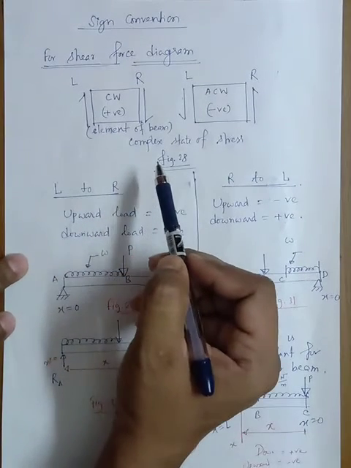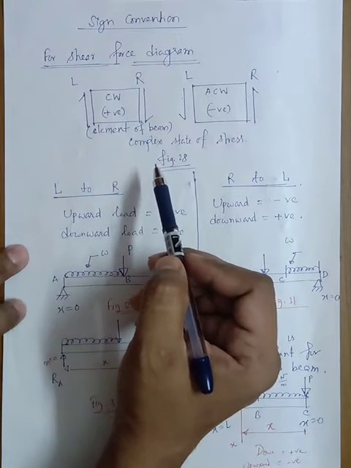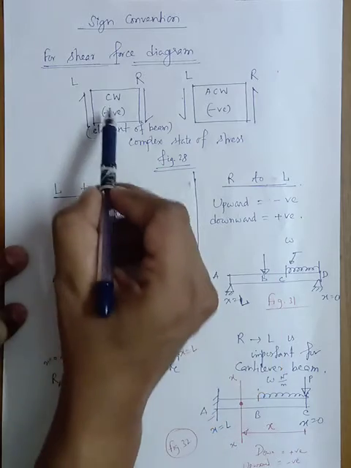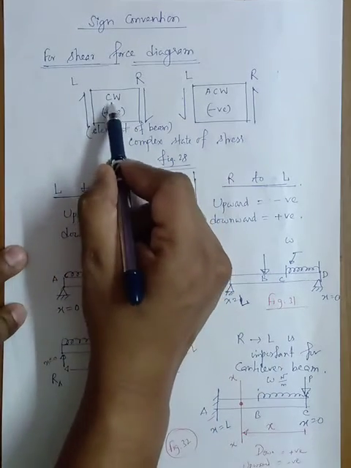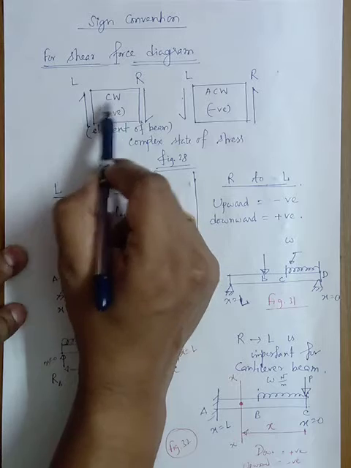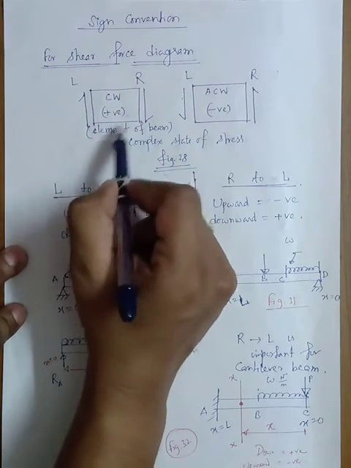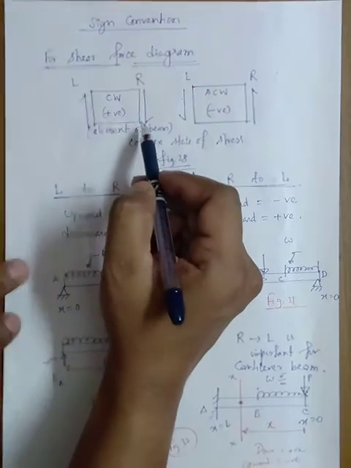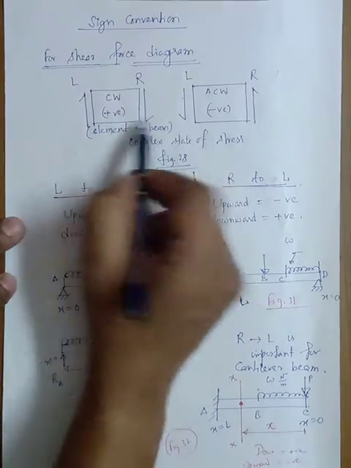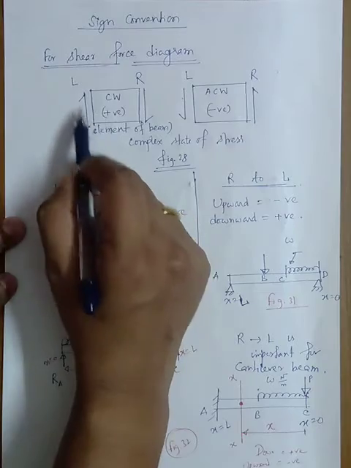We had the idea of the shear stress on the element of a beam, that if the effect is clockwise, then the direction is taken as positive for shear force.